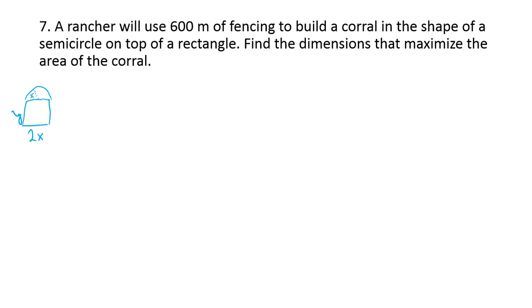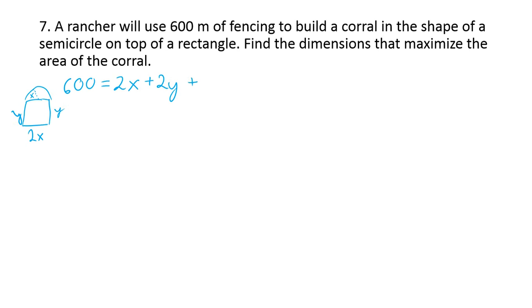So the maximum amount of fencing that he has to corral all this is 600. So 600 is equal to the perimeter, which would be 2x plus 2y, because we've got 2 y's, plus the circumference of the semicircle that is on the top.